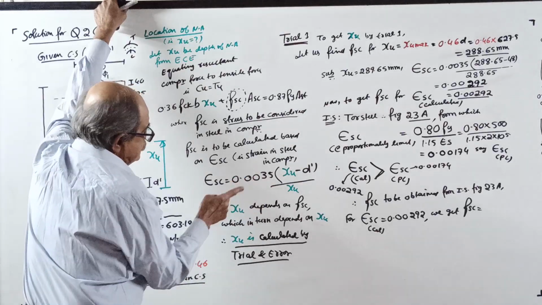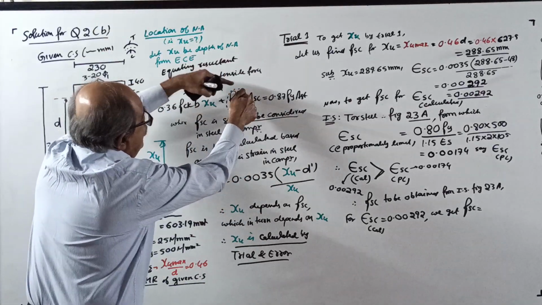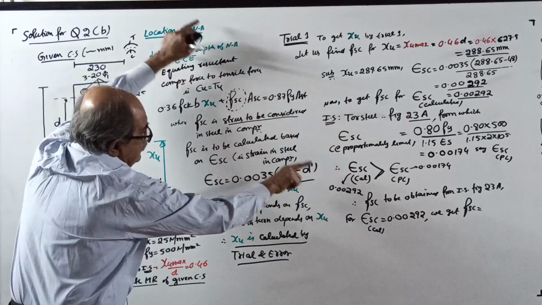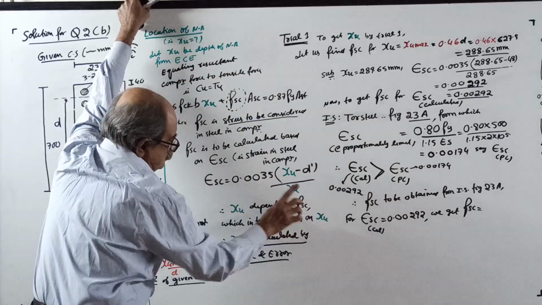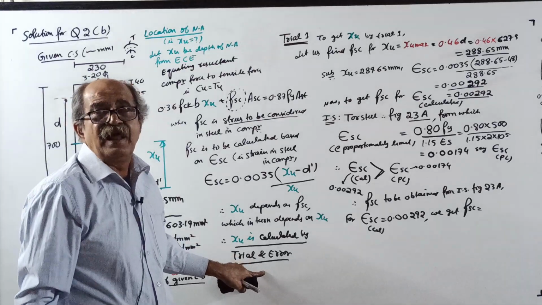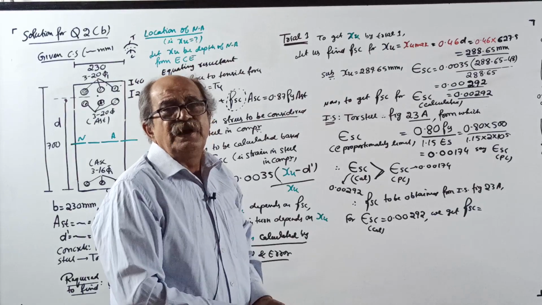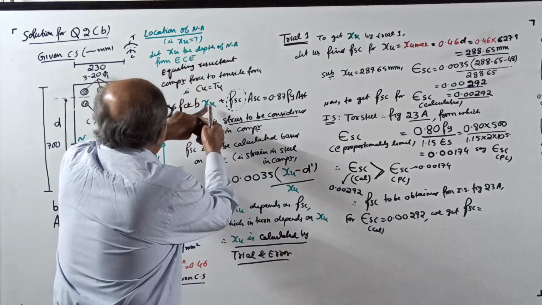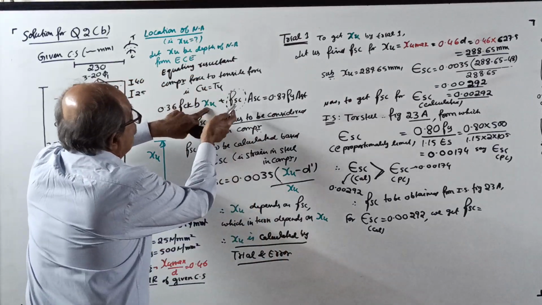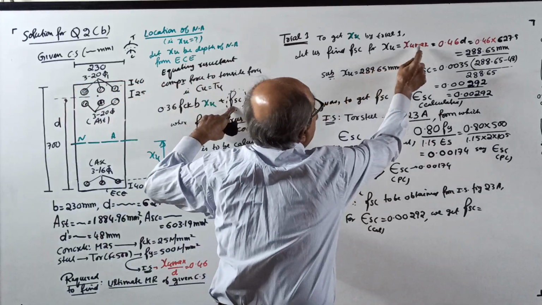Now, therefore, one statement. XU depends on FSC, but FSC in turn depends back on XU. Therefore, XU is calculated by trial and error. Start. Trial 1, I told very clearly. Trial 1, you find XU by finding FSC for XU equal to XU max.